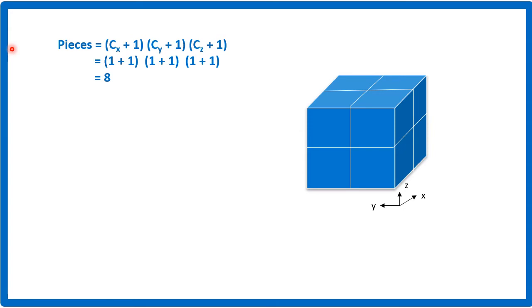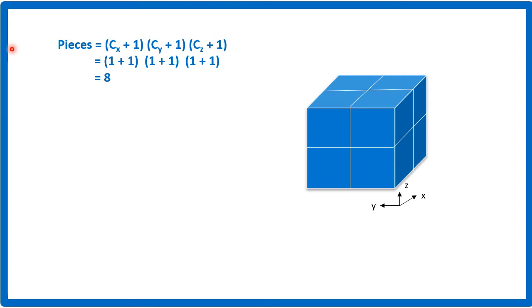So 3 cuts can give 4 pieces, and 3 cuts can also give 8 pieces, depending on how we are cutting it. From this we can conclude that the number of pieces obtained will be minimum if all the cuts are made parallel to one single direction, and the number of pieces obtained will be maximum if we split those cuts equally among 3 different directions.